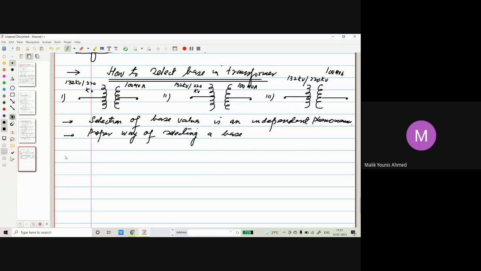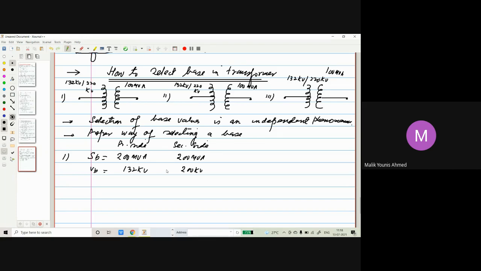So let's consider first case. Now let us say SB is 200 MVA. We are talking about the primary side, and this will be secondary side. On the secondary side, it is also same. And let's say voltage base we have got on the primary side is 132 kV and this is 200 kV.